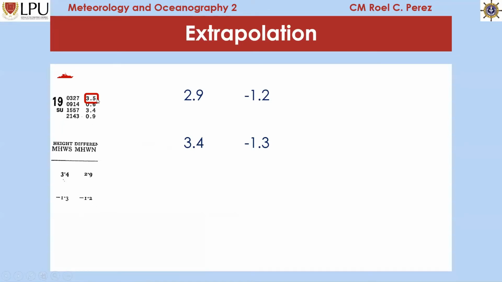And then we are going to interpolate 3.5. So we cannot interpolate because it is not within the selection, or it is not in between the selection. So it is actually outside. So what are we going to do? We are going to extrapolate.